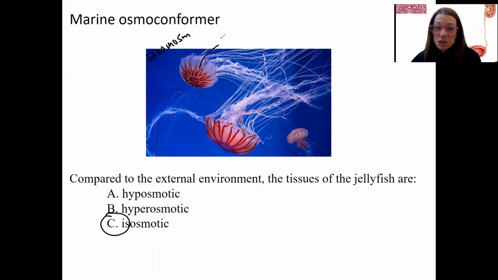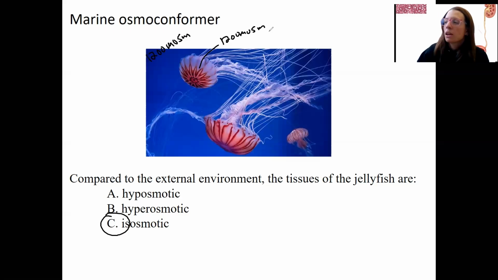So their cells are going to be 1,200 milliosmoles inside those cells. It's very different than inside our cells, which are what? 300 milliosmoles. This is very energy efficient, because we don't have to be pumping things out all the time. And so they typically expend less energy pumping solutes out to regulate.